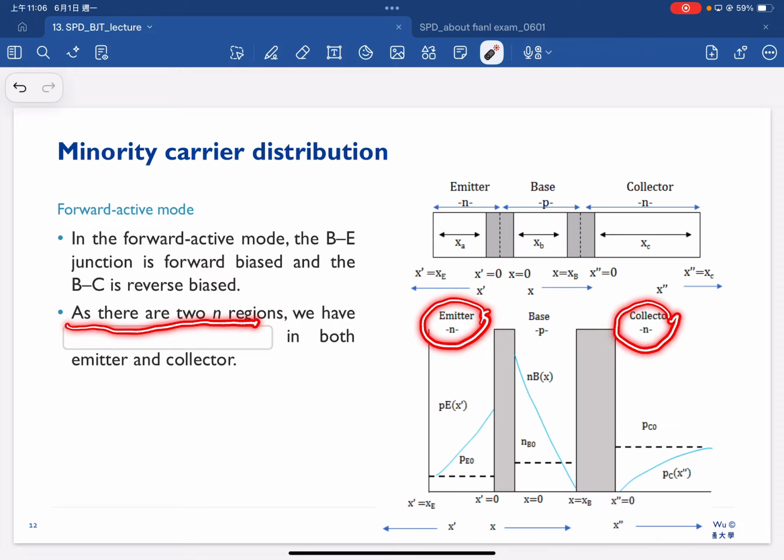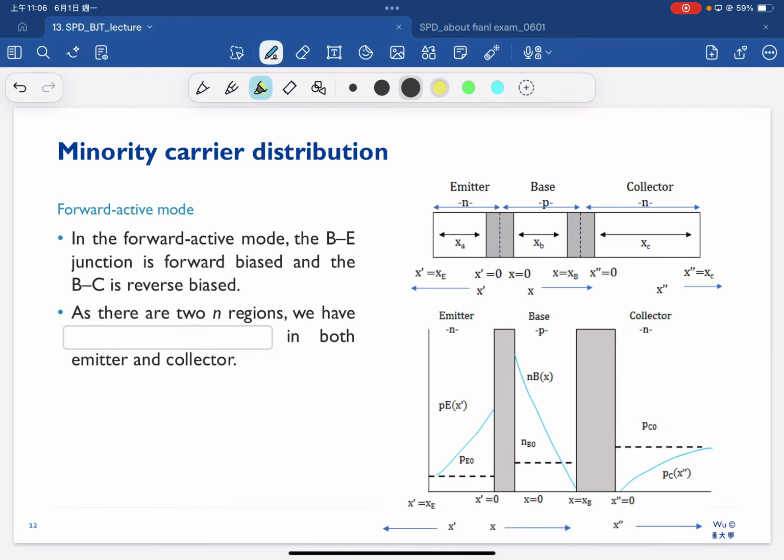So we have the minority carrier holes in both the emitter and collector.